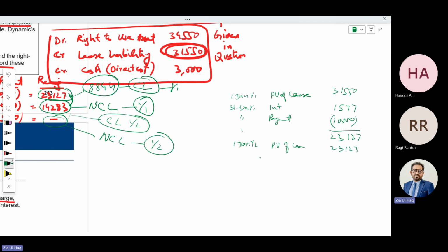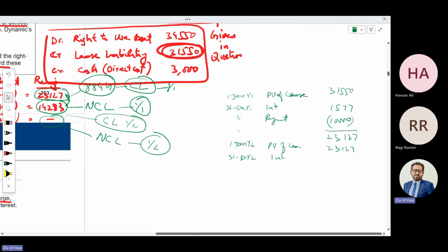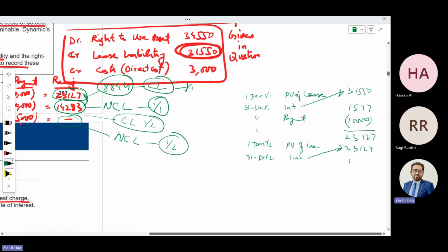In that we need to add interest at 31st December year two. This interest will be calculated on this amount, and it is 1156. And at 31st December, we will make a payment of 10,000. So we will have a closing balance of 14283.